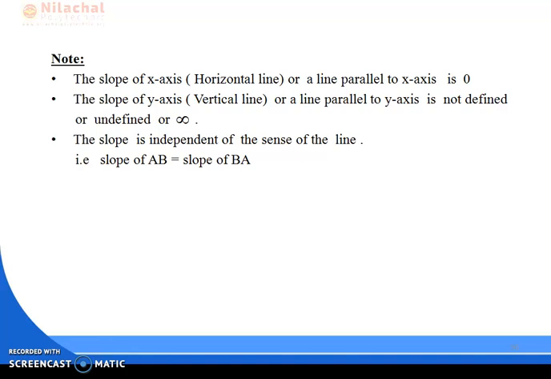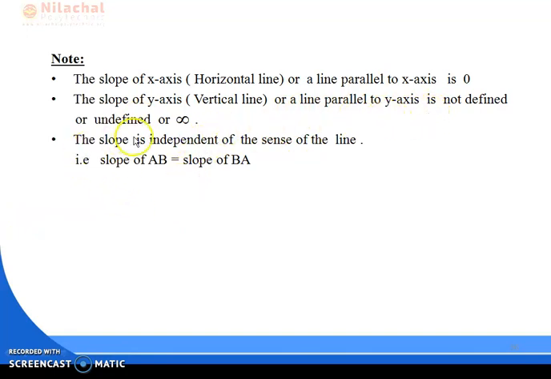Theta equals 90 degrees. So the slope of the y-axis equals tan 90 degrees. Tan 90 degrees is always undefined, or you can mathematically write infinite. So the slope of the y-axis or a vertical line is always undefined, or infinite, or not defined, and for a line parallel to the y-axis also the same answer, infinite.